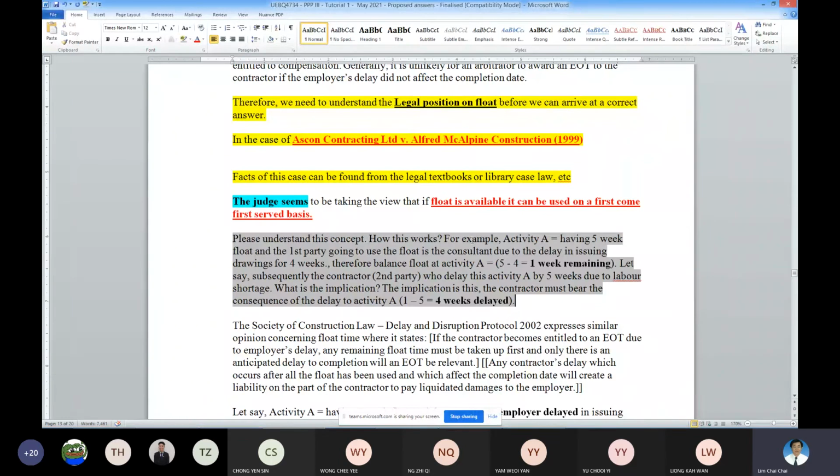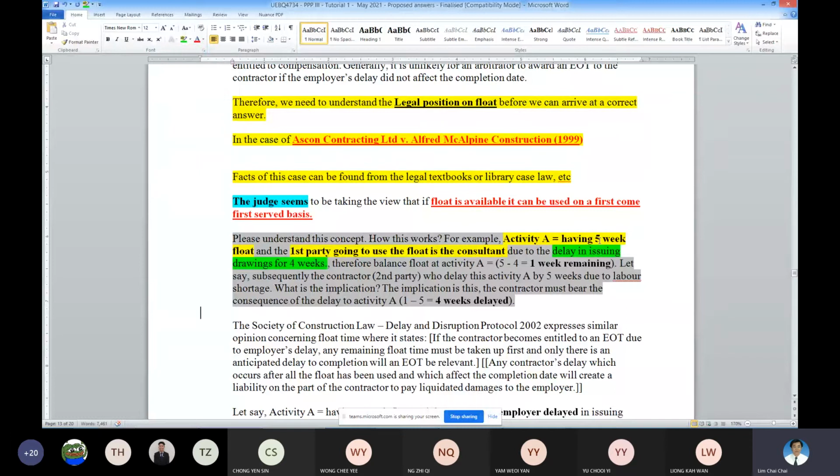Activity A, let's say, has 5 weeks float. Okay, then first come, let's say the first party to use it is the consultant. The consultant uses it how long? Because the consultant delays in issuing the drawings for 4 weeks. Okay, so now you have a float of 5 weeks.